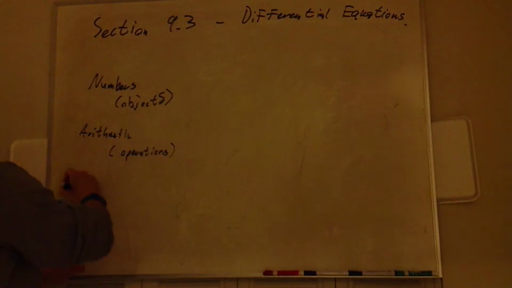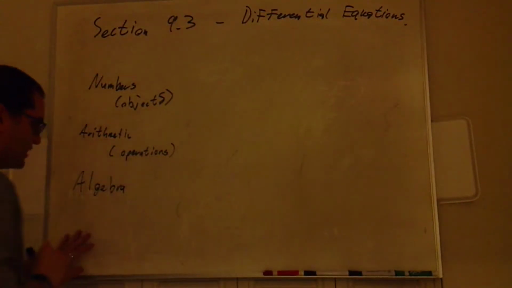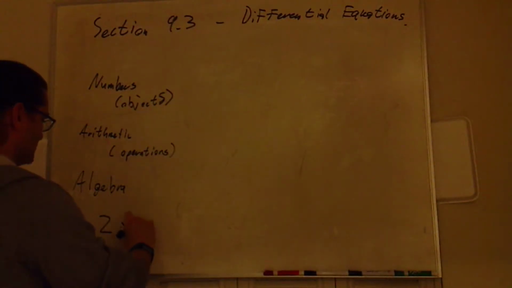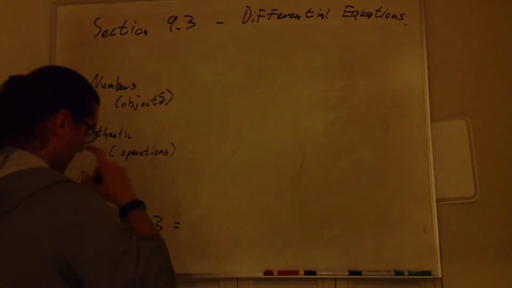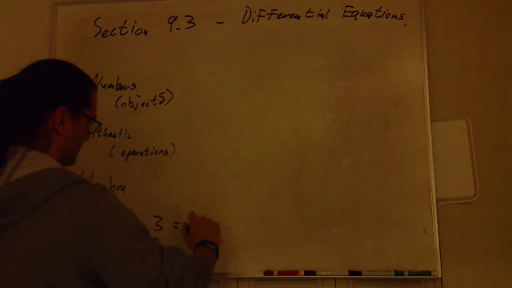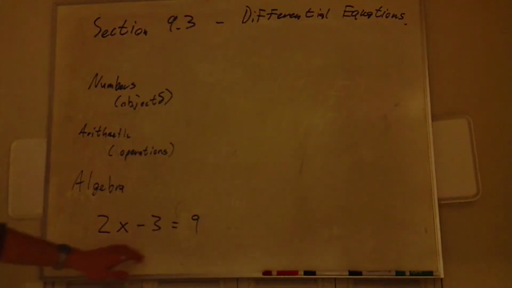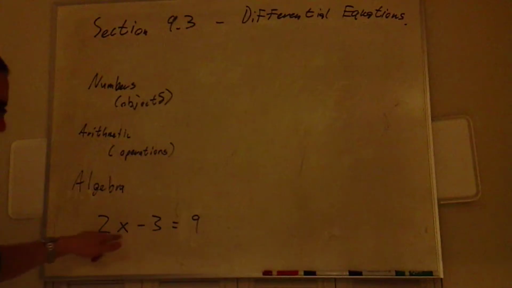And then when you get to algebra, you encounter these cases where known operations have been performed on unknown objects, and the result is known. So my known operations here are multiply by 2 and subtract 3.